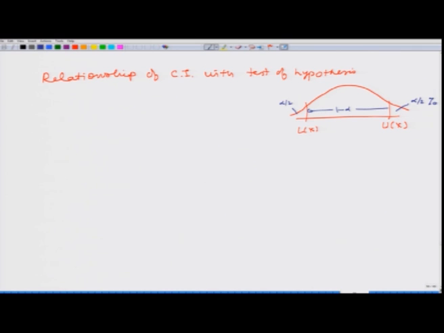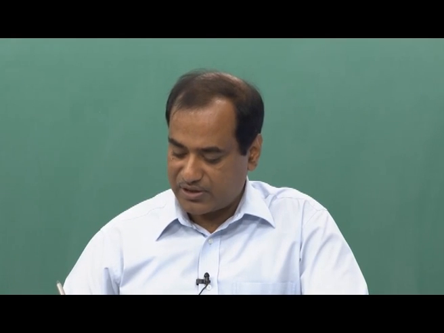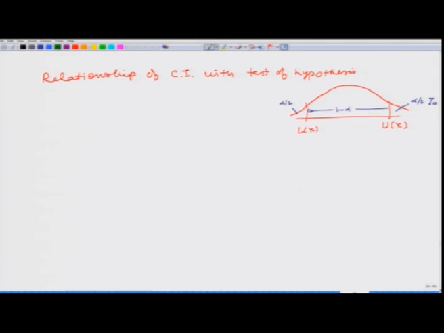Similar to this, you can also recall that in the case of the test of hypothesis, when we consider the two-sided test, for example the Z statistic based on the normal 0 1, our critical region was lying on the left hand side and right hand side, this was alpha by 2, this was alpha by 2, and the mid area was 1 minus alpha, on the normal 0 1 curve, and this point was minus Z alpha by 2 and this point was plus Z alpha by 2.